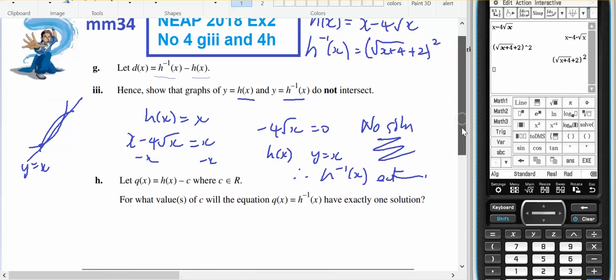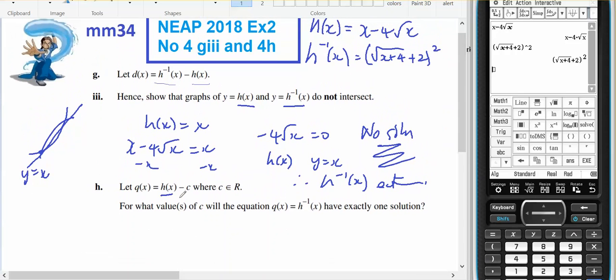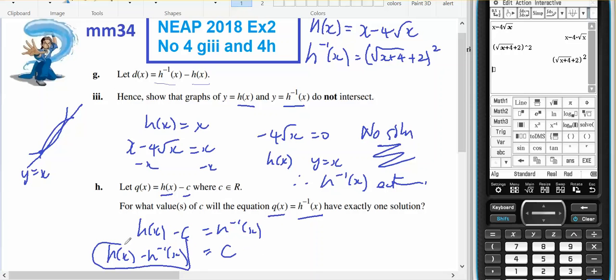Okay, in part H, Q is going to equal H minus C, and Q equals the inverse. So H of X minus C equals the inverse of X, which means that H of X minus the inverse of X equals C. Now I know that H of X doesn't equal the inverse because that's what I just proved up here.